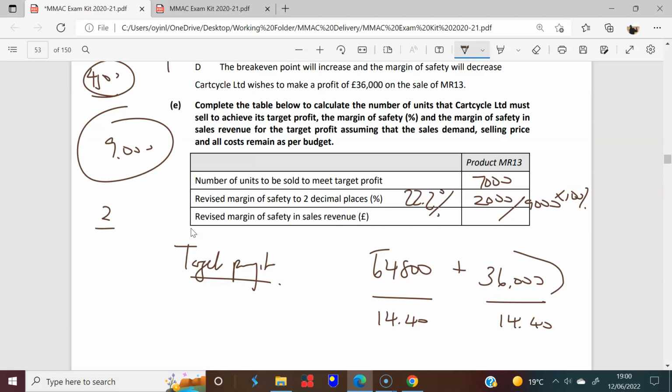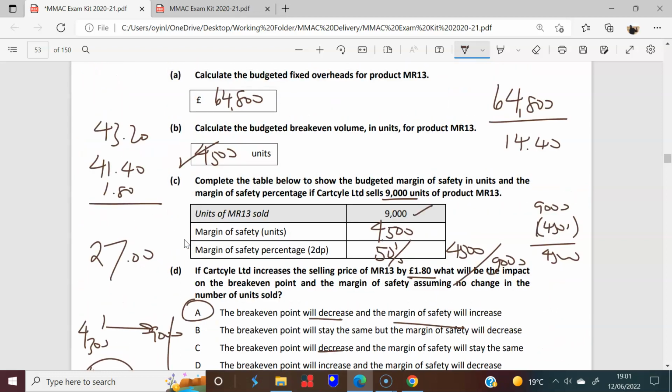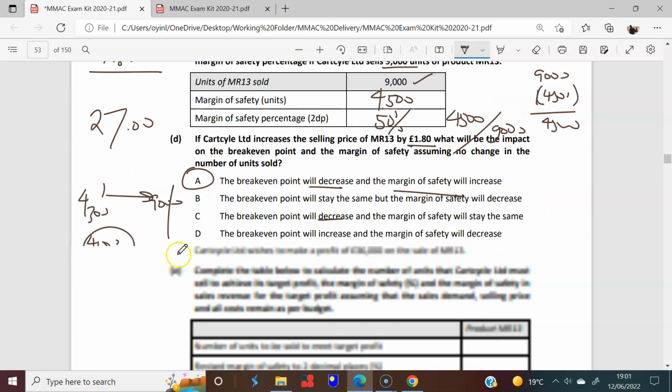And then margin of safety in revenue, well, that's really saying take the 2,000 at the selling price, because everything remains as per budget, at the selling price that we're currently doing, which is £41.40.